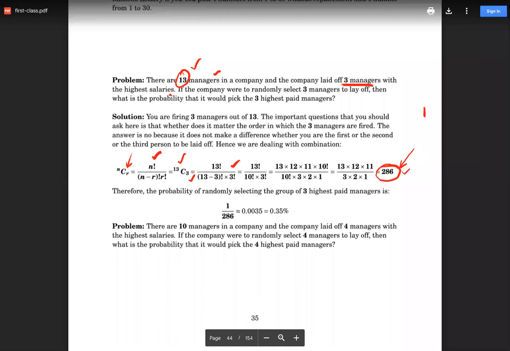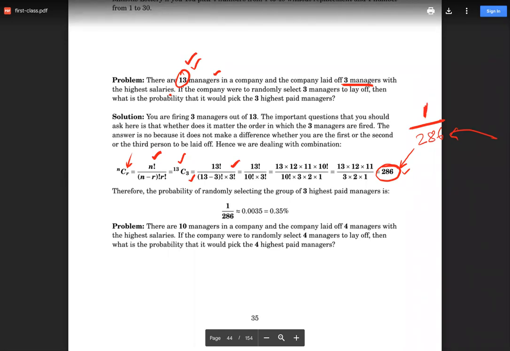So if the company were to really, truly do it randomly, and they said, oh no, we laid off people randomly, and it happens to be the case that those 3 people got laid off or fired, so it was a random event, no bias. The chance of that happening is 1 out of 286, because there are 286 different ways of selecting groups of 3 people from 13.